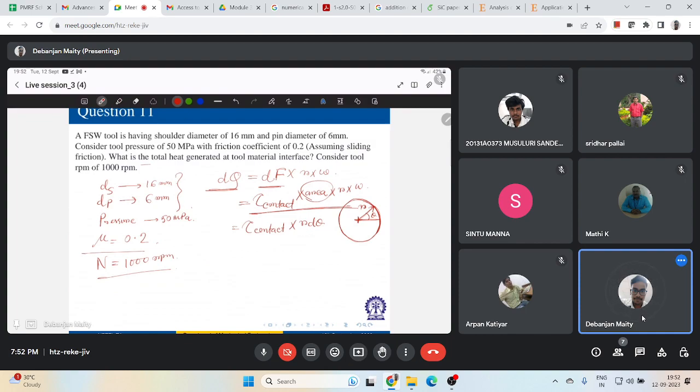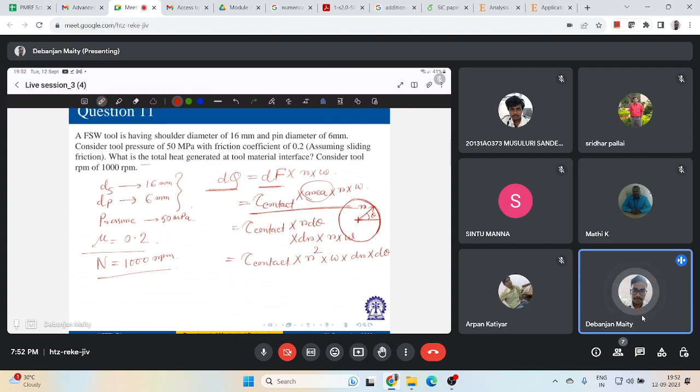R d theta into dr, into r into omega. Agreed? Yes. So, this will be tau contact into r square into omega into dr into d theta, right?